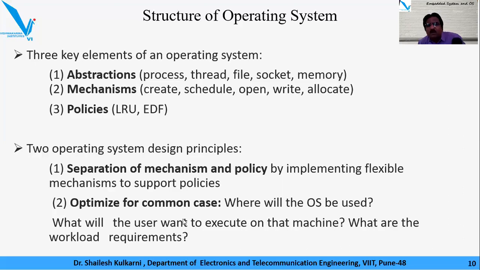These are based on the targeted category of applications. Then optimize for common use, for example: where will the OS be used? That is the important design principle to be understood. And what will the user want to execute on that machine? What kind of application does the user want to execute on that machine? I gave an example very relevant to the current time.